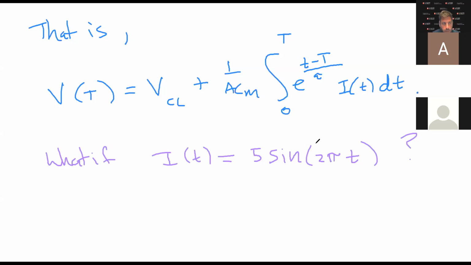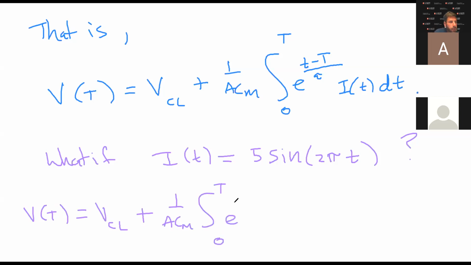Then we have to plug this in for I, and we get one of these insane integrals, because V of t now, if you want your nightmares of Calc 2 to come back, becomes, I'll throw the 5 out front because it's a constant, and then this is the integral of sine of 2 pi t dt.